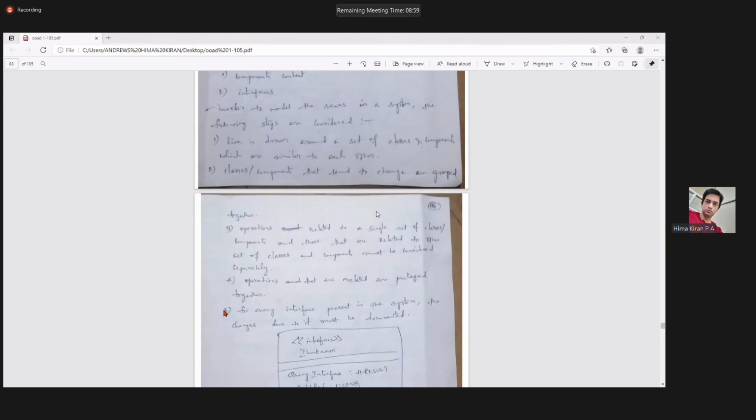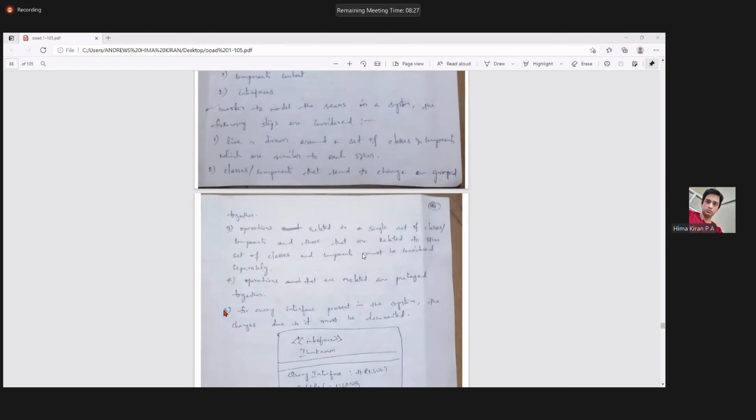Next, classes and components that tend to change together are grouped. The first point says that the classes which come under the same groups are grouped or placed together. And in the second group, the classes which change according to the user requirement or the client requirement, or keep on changing, like the attributes and operations keep on changing, then we need to group those classes separately.